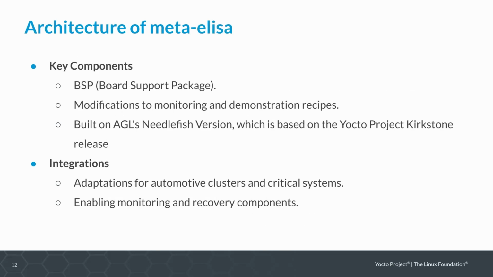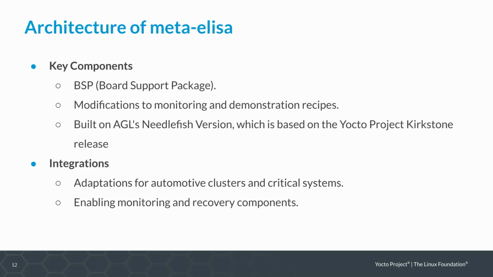Some key components we're going to see later, but we have the BSP part. We're going to set some kernel configurations to enable a watchdog, for example. They added some recipes to monitor and to create a demonstration we're going to see.